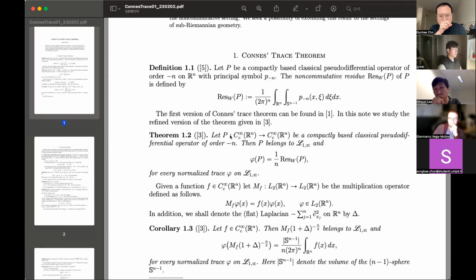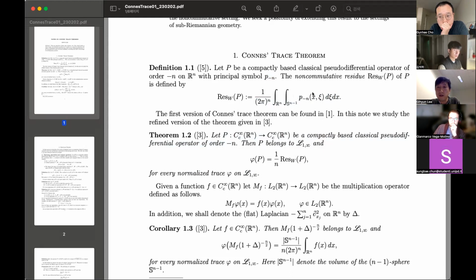So the pseudo differential operator can have homogeneous parts of negative integer degree, and so let P be such kind of operator which has the order -n, so it has a degree -n homogeneous part, and we define the numerical invariant associated with such a pseudo differential operator this way, integrating this degree -n principal part of P.